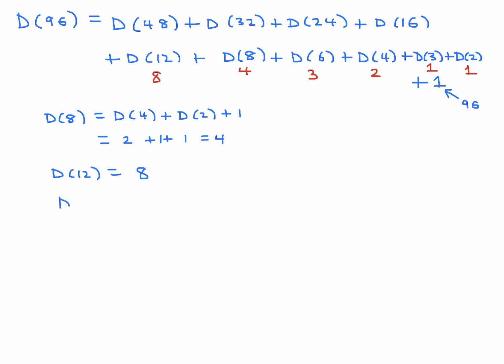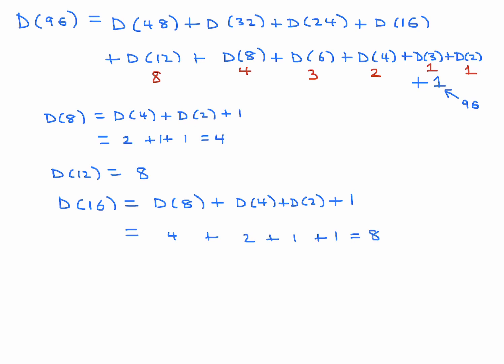What's next here? D16. Okay, so D16 with our same sort of philosophy is the sum of the D's of the factors. So D8, D4 plus D2 plus that 1 at the end. So that's going to be 4 plus 2 plus 1 plus 1, and that is equal to 8. So D16 is 8. All right. So I think you get the hang of this.